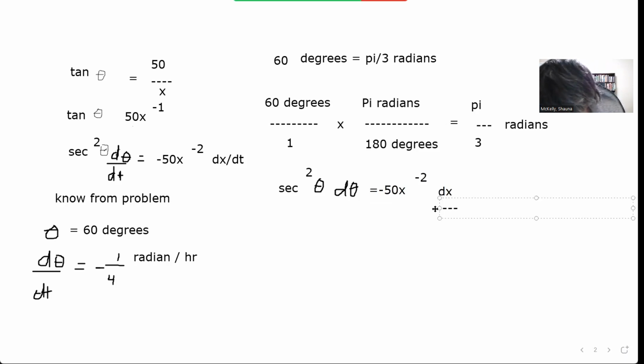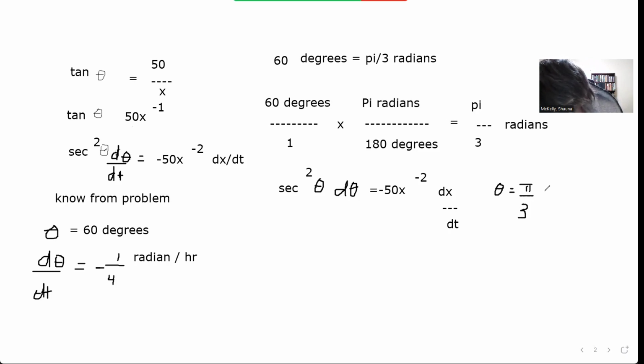Let's take a look at, we made some changes. We converted some stuff, so let's take a look. We know that theta is 60 degrees. It's also pi over 3 radians. In this case, I'm going to go with pi over 3 as my theta.